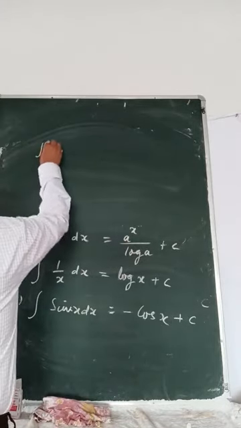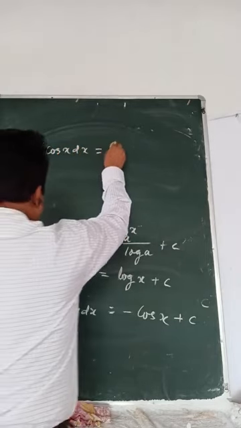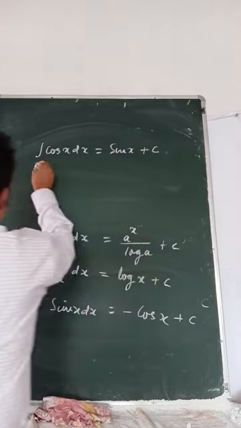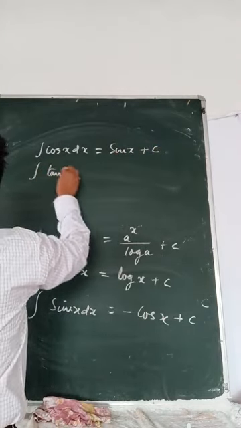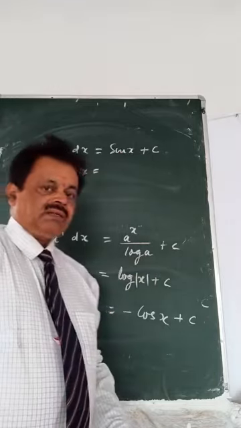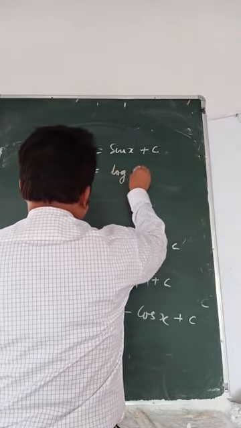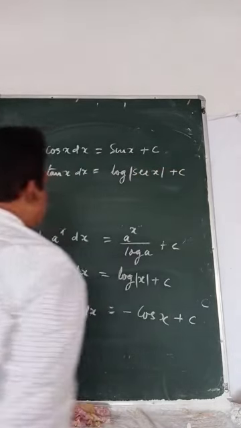Integration of cos x is sin x plus a constant. Integration of tan x, log you can write in the modulus form, because log of a negative number is not defined. This is log |sec x| plus c.